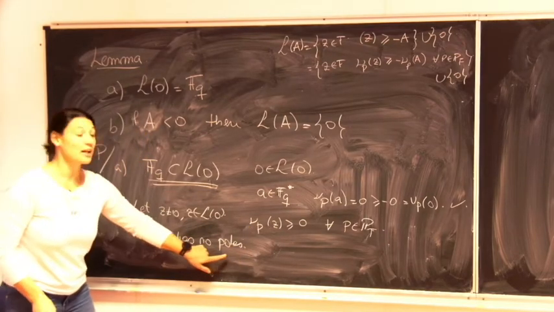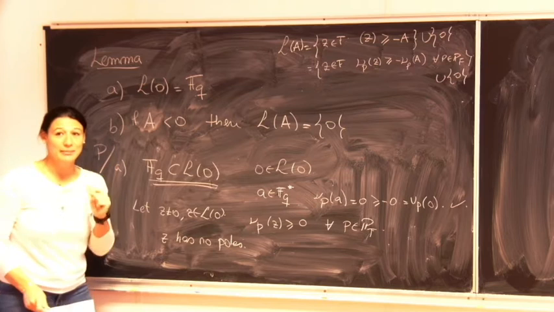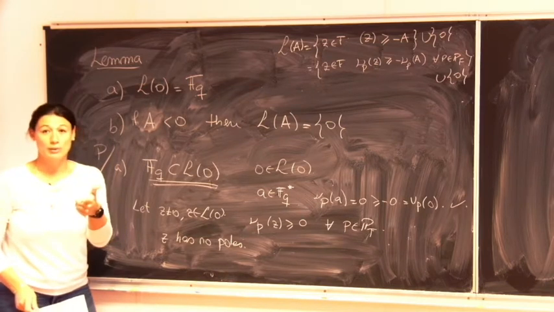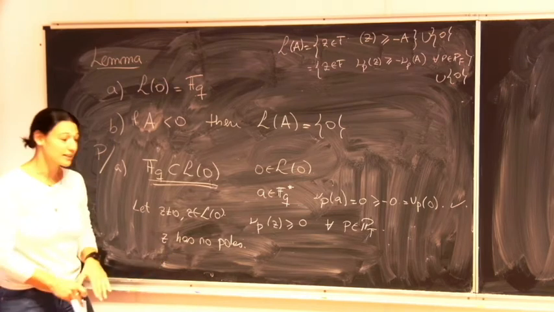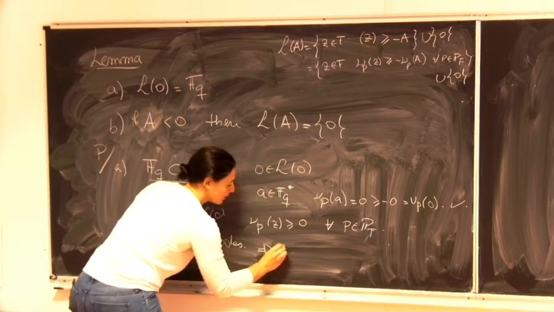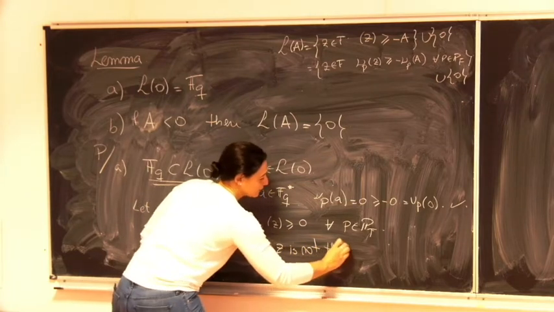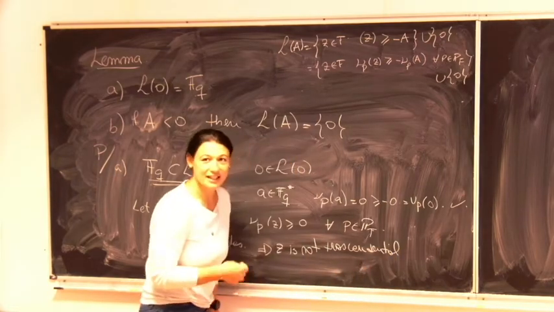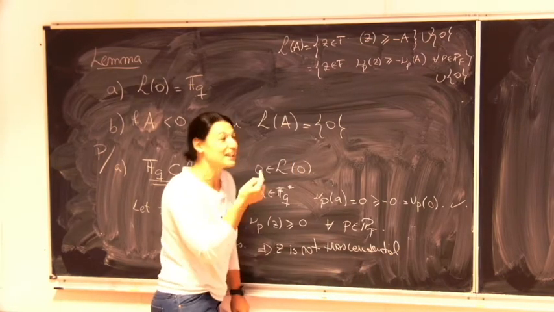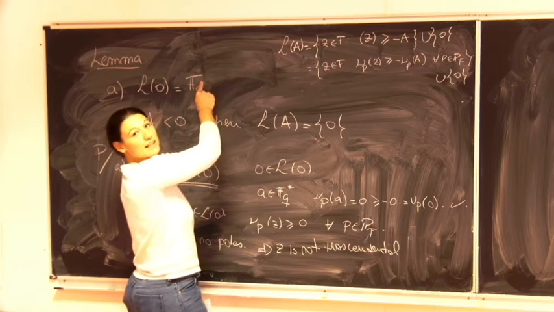But if this element has no poles, and we had the result that says that any transcendental element has at least one zero and one pole, then if this element has no poles, it cannot be transcendental. So c is not transcendental. So it's algebraic over F_q, and here we are using that the algebraic elements of F over F_q are inside F_q.